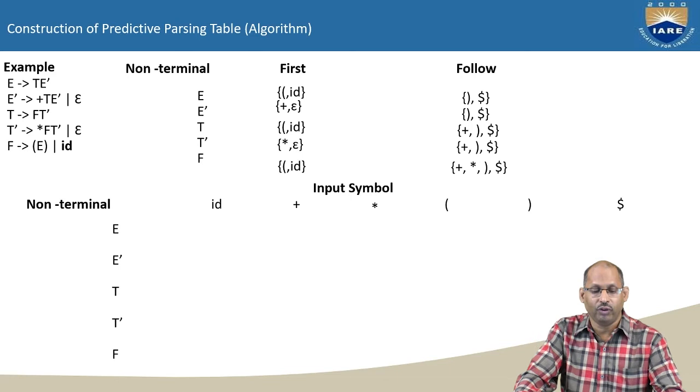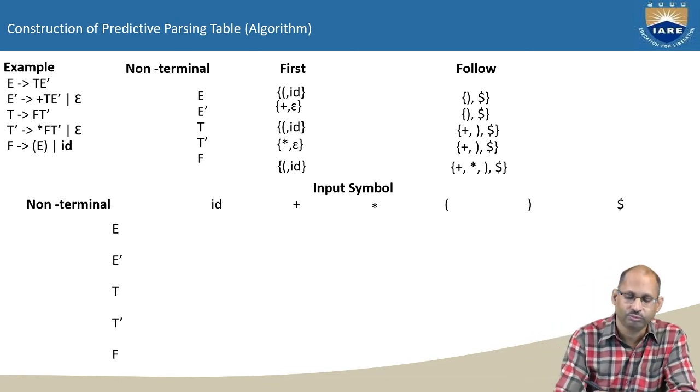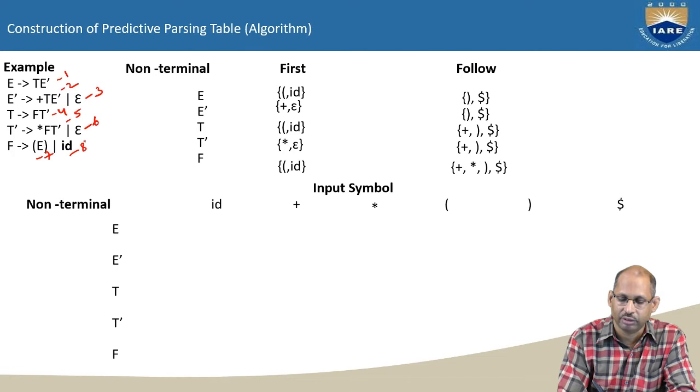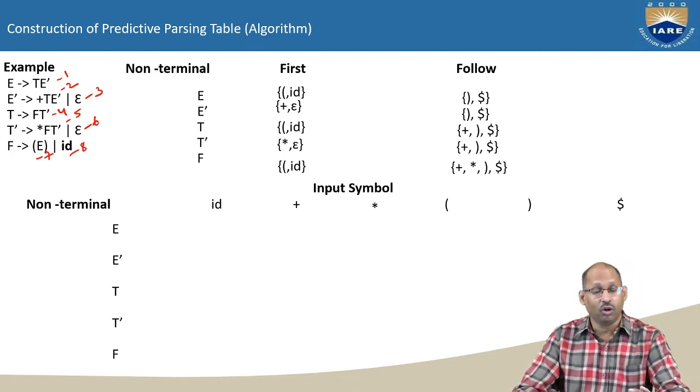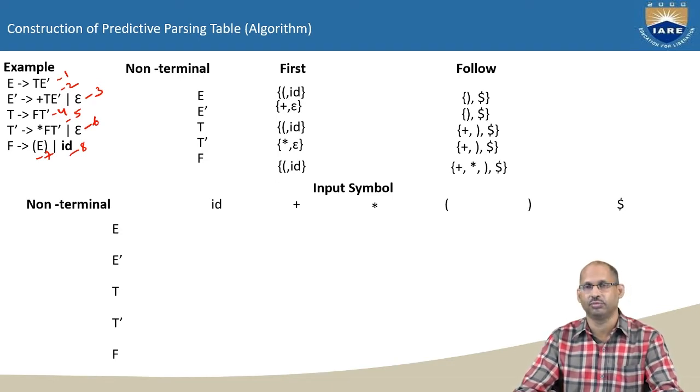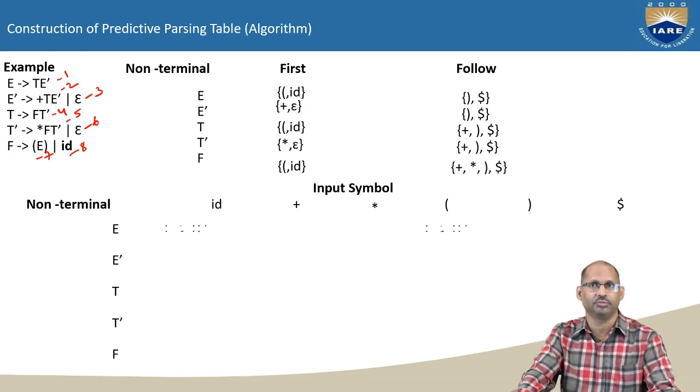Now, here, what is the first production? Production 1, 2, 3, 4, 5, 6, 7, 8. 8 productions are there. We represent all the rows with the non-terminals, all the columns with the terminals.